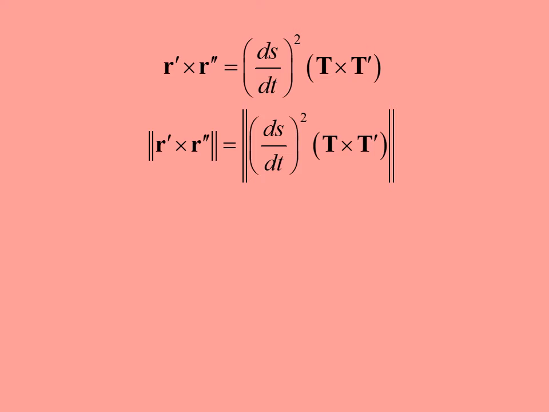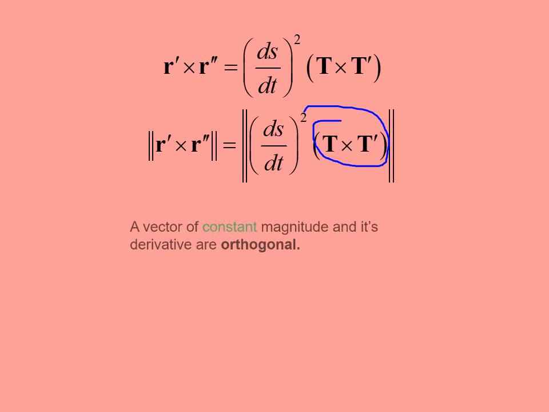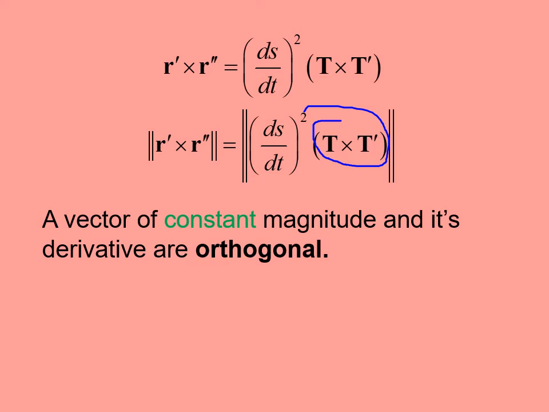And we want to investigate a little bit more this T cross T prime, or more appropriately, the magnitude of that. Now, since a vector that is constant in length and its derivative are orthogonal, that means they intersect at 90 degrees.